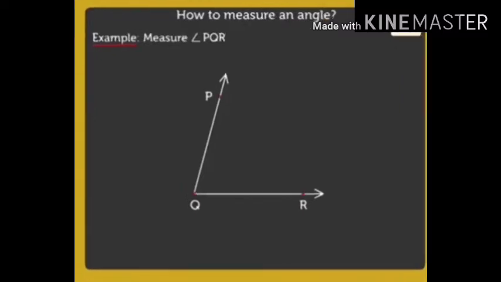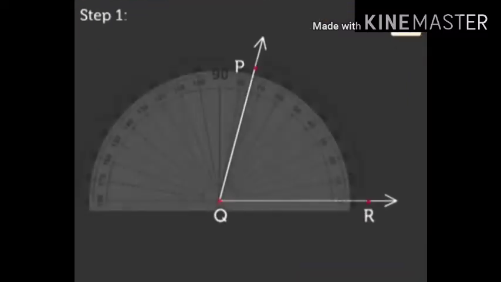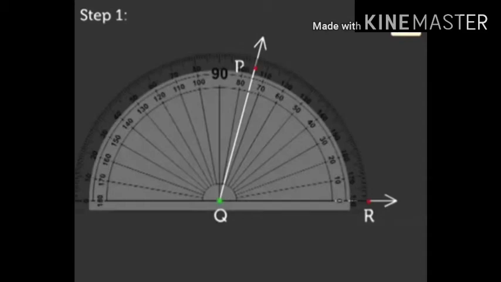Step 1. Place the central part of the protractor on the vertex Q of angle PQR. Step 2. Ensure that the 0 degree line coincides with one arm, say ray QR.